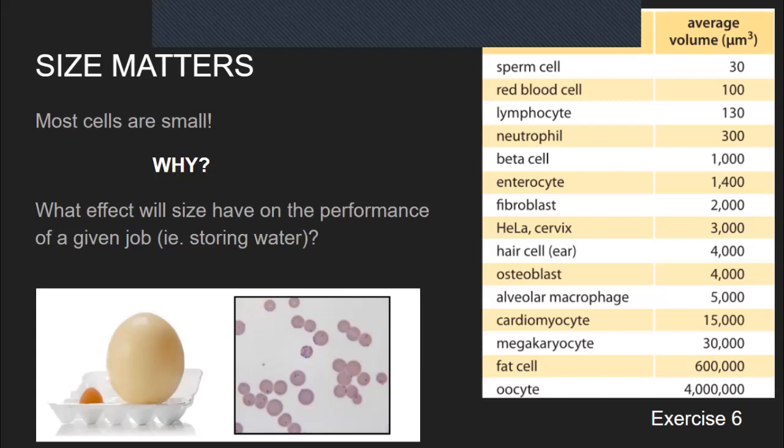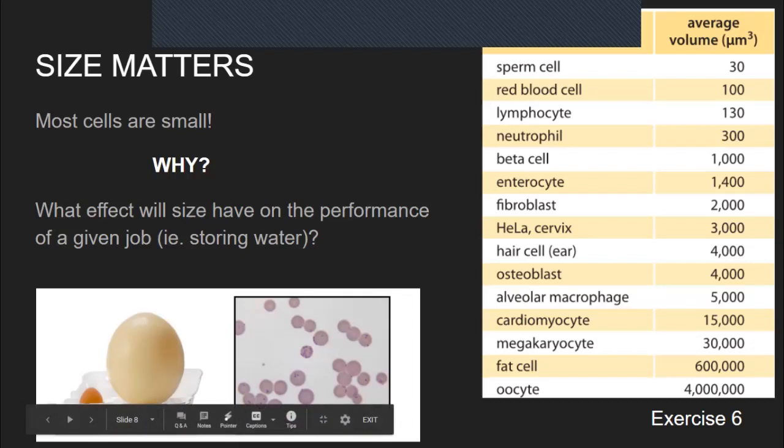It's trying to be very good at water storage compared to something like the mitochondria that needs to have reactions happen across the surface of its membrane. It's going to want to be smaller and have ways that it increases its surface area to volume ratio to help increase the efficiency of those reactions.